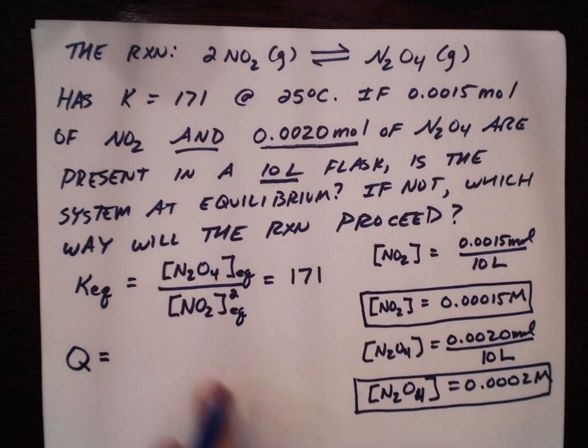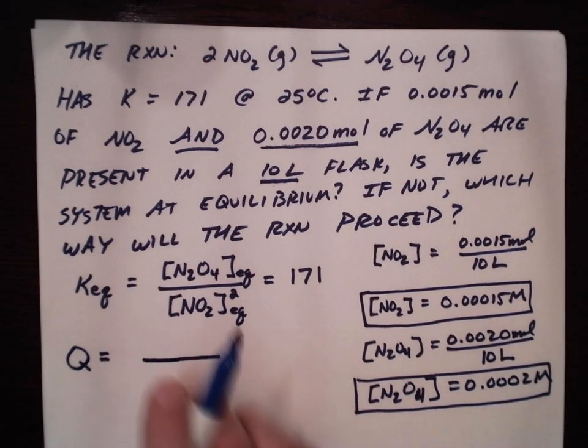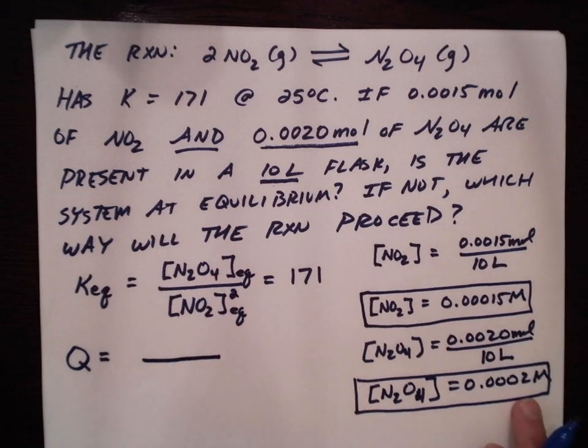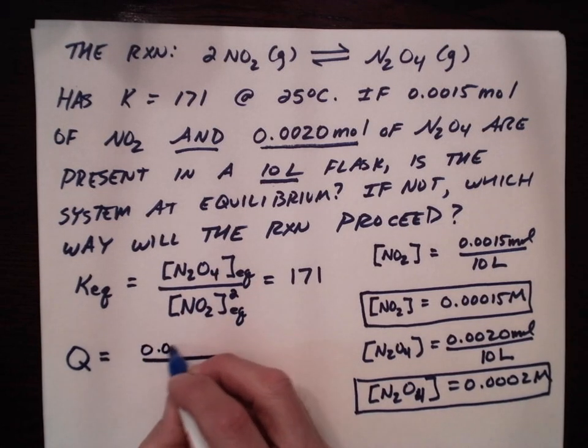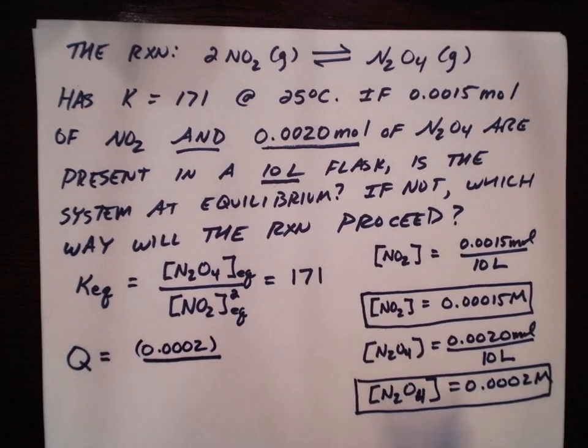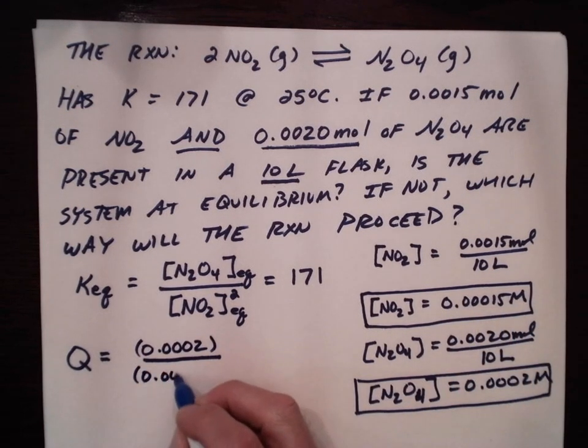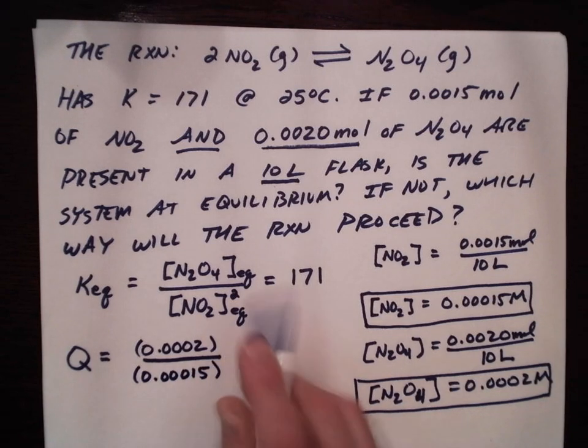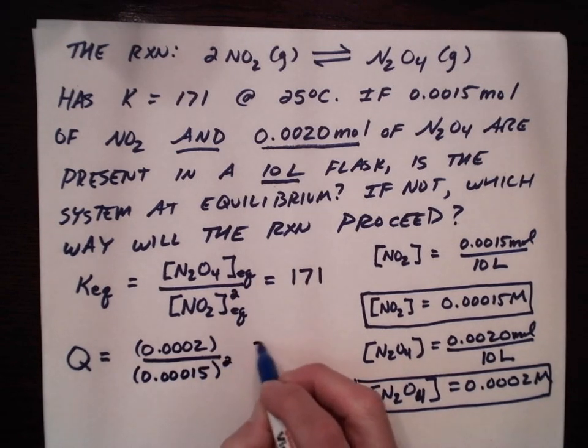So to calculate Q, we're going to use the same form as the equilibrium constant. We're going to take our concentration of N2O4, which is 0.0002, and we're going to divide that by the concentration of NO2 that we're given, which is 0.00015, and of course we better square that.